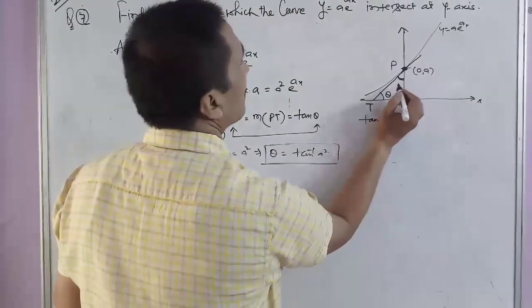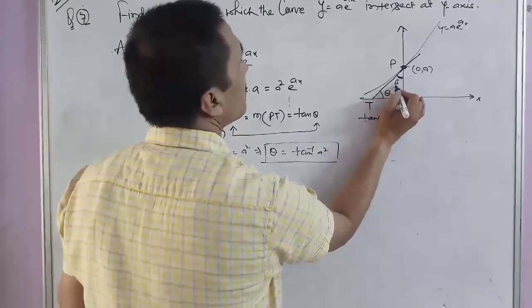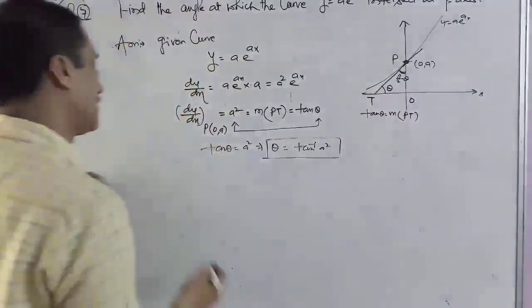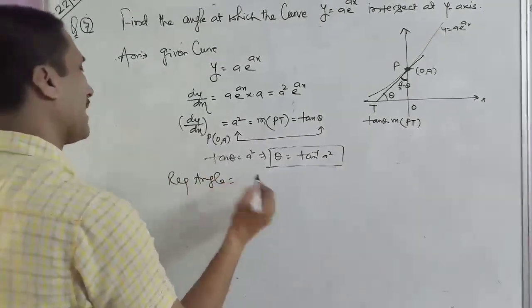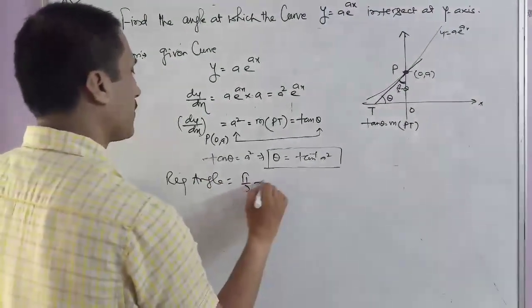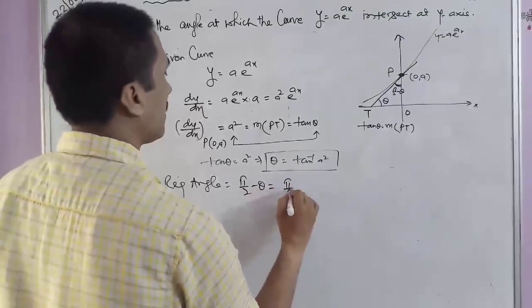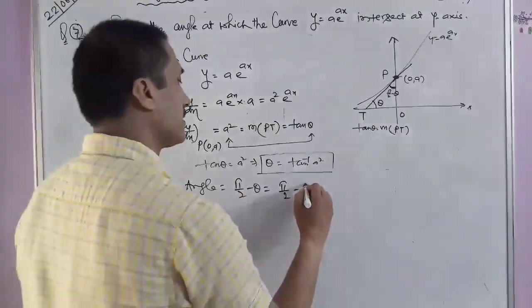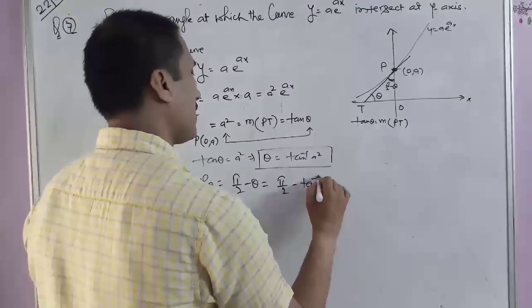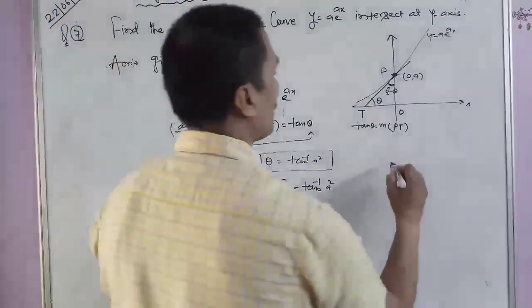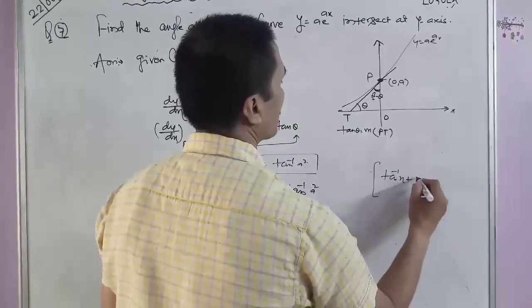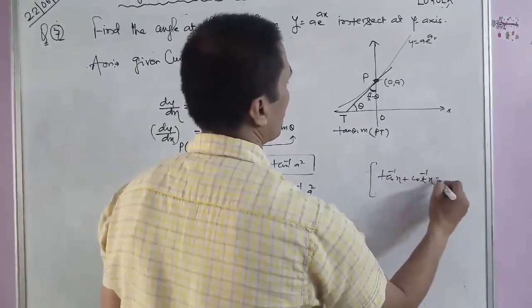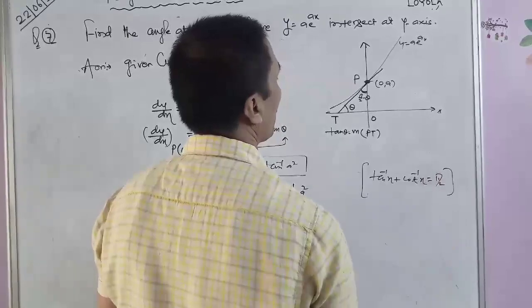This angle is theta, so this angle is pi by 2 minus theta. The required angle will be pi by 2 minus tan inverse a square. We use the result tan inverse x plus cot inverse x equal to pi by 2.